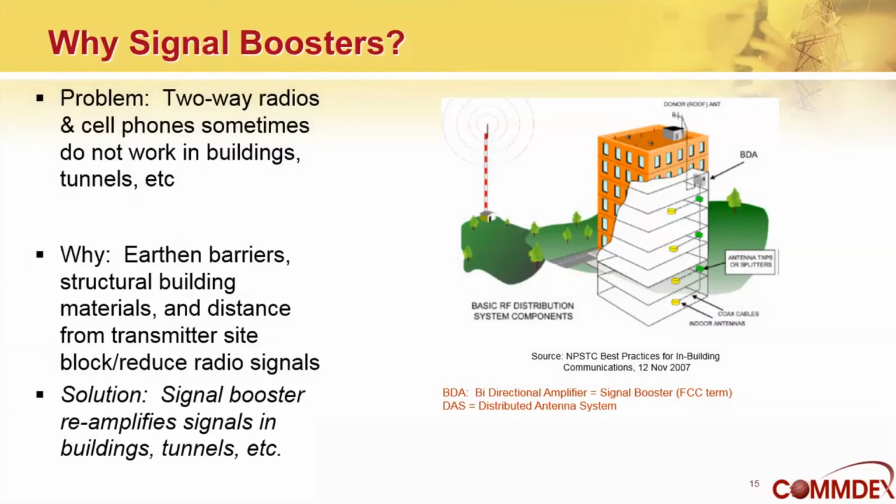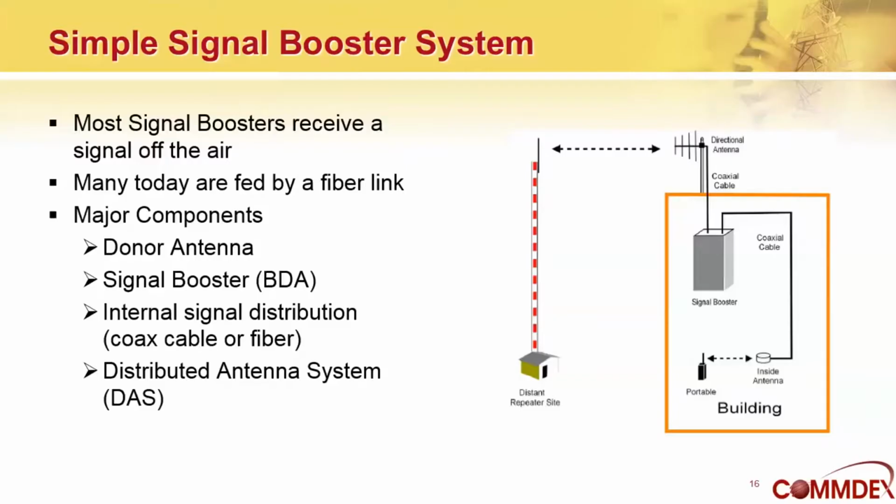So let's see. What's in one of these signal booster systems? Well, the way they work is they basically take a signal off the air from a system that may be some distance away. And because of this distance, the signal is too weak to penetrate the building.